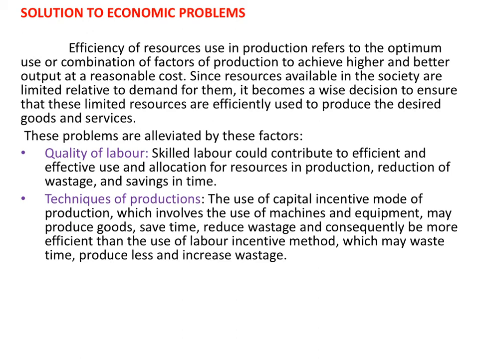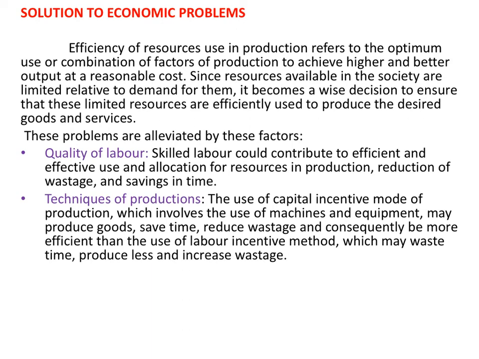Now, looking at the solutions, recall that the efficiency of resources used in production refers to the optimum use or combination of factors of production to achieve higher and better output at a reasonable cost. And since resources available in the society are limited relative to demand for them, it becomes incumbent on the society to ensure that these limited resources are efficiently used to produce the desired goods and services.